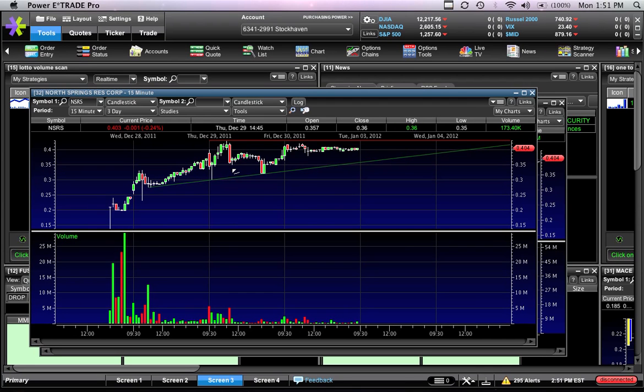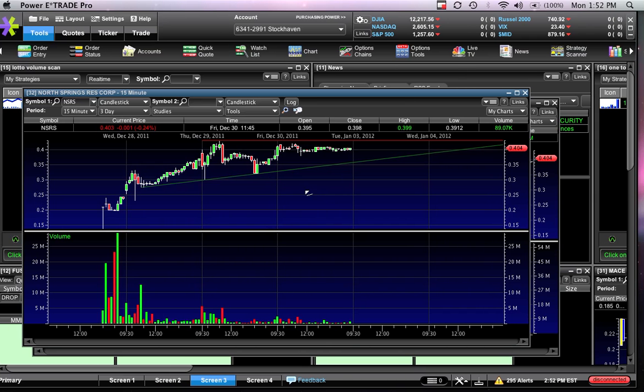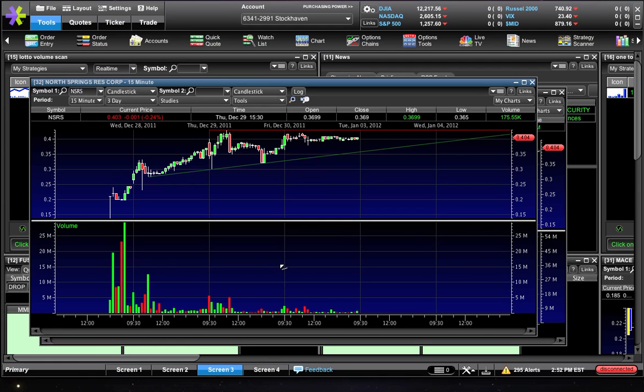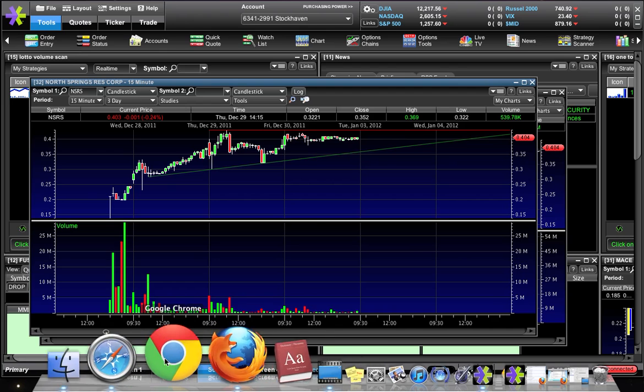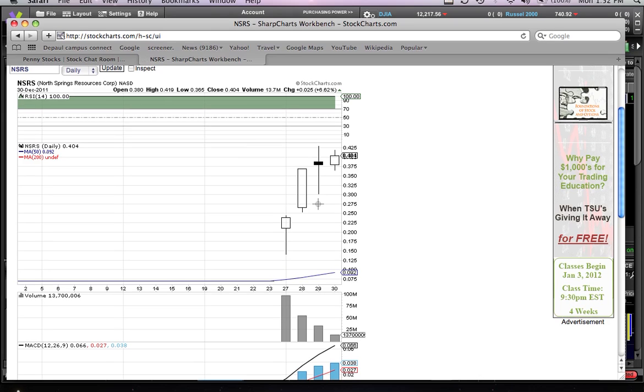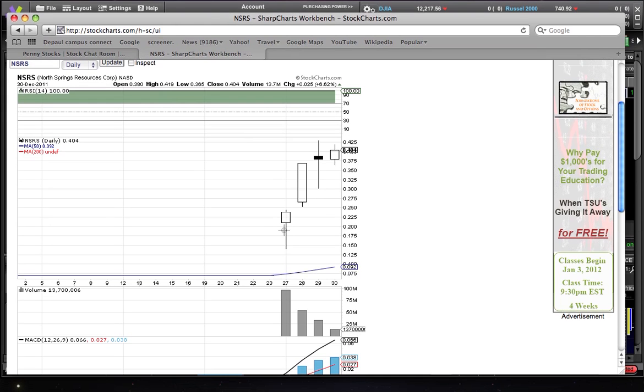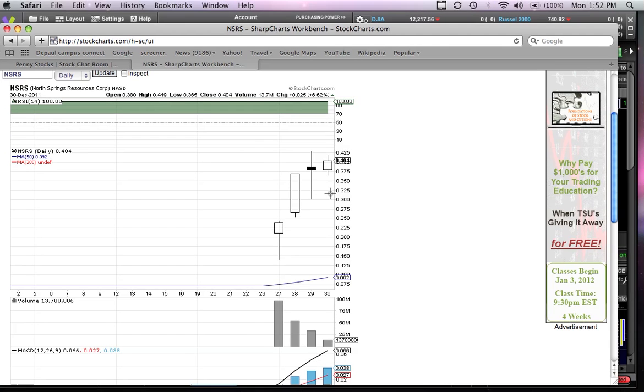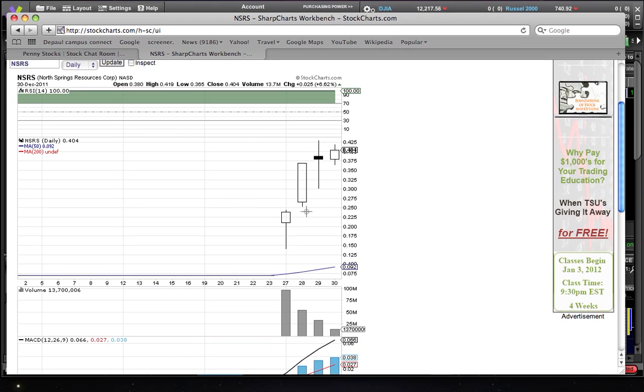As long as NSRS remains above this green line on the 15-minute chart, then the stock will remain in an uptrend. Now, you may be wondering, why are we using a 15-minute chart and not a daily chart? Well, if you look at the daily chart here, you can see that it's really just been 4 days of the stock going up.